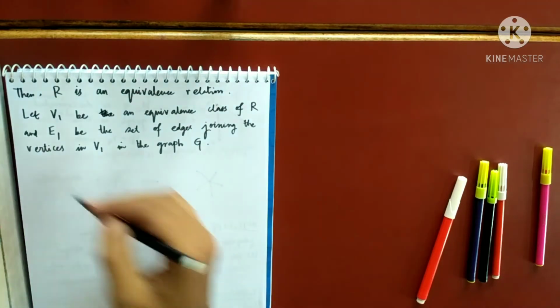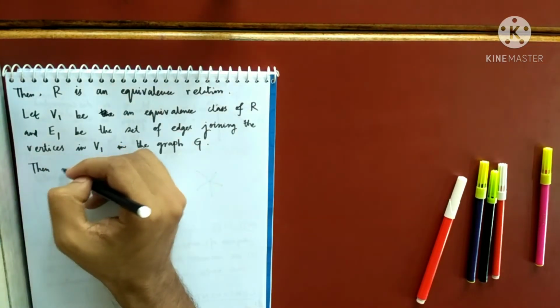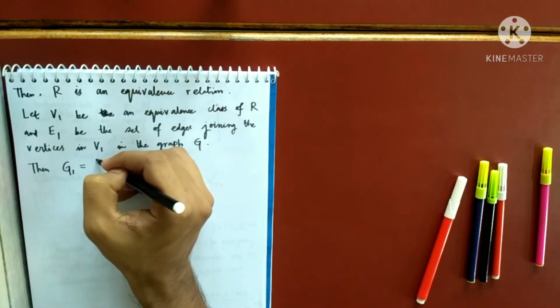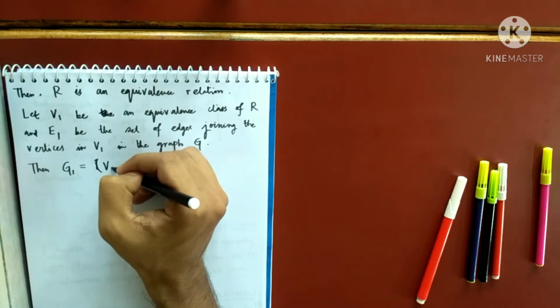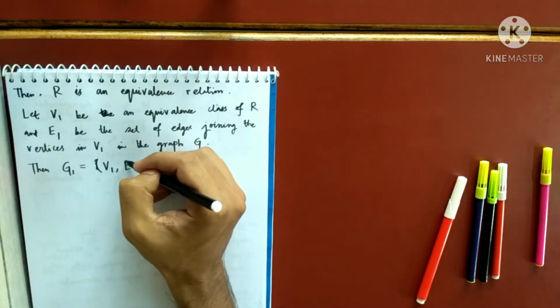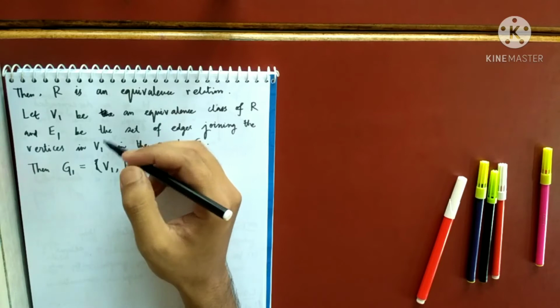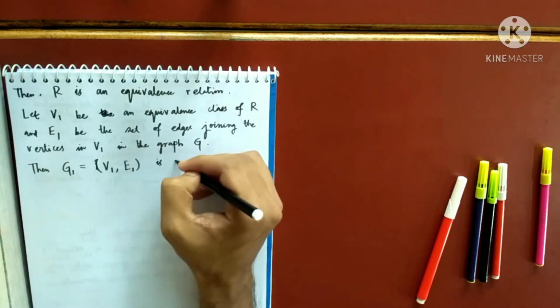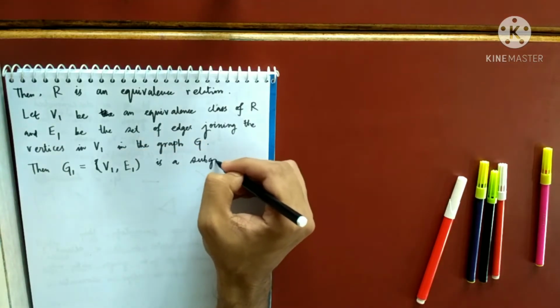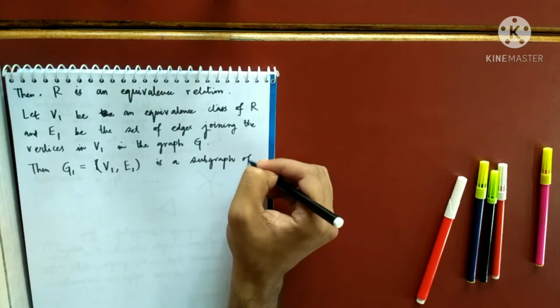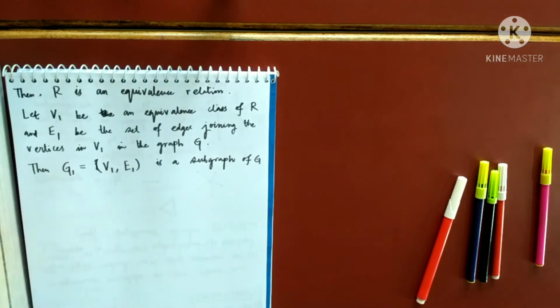Okay. Then consider this subgraph G1, where V1 is the set of vertices and E1 is the set of edges. This is a subgraph of G.